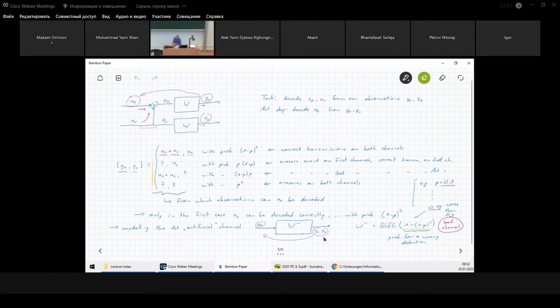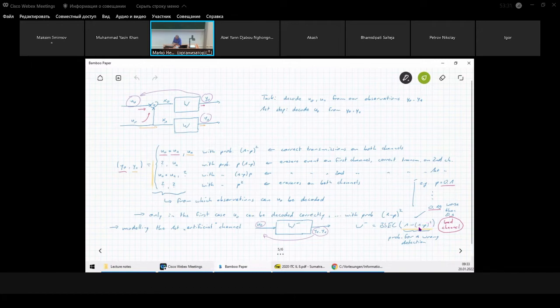So this means we can also model this first decoding step as a new channel, W minus, also as a binary symmetric erasure channel where things go wrong with probability 1 minus (1 minus p) squared.